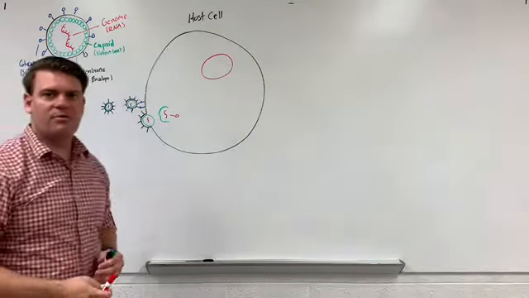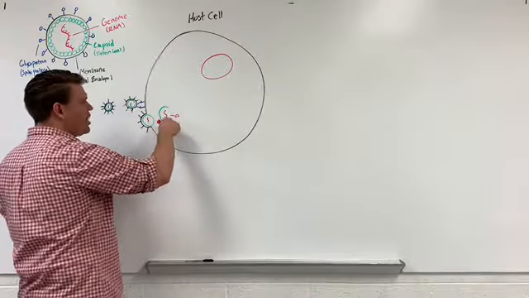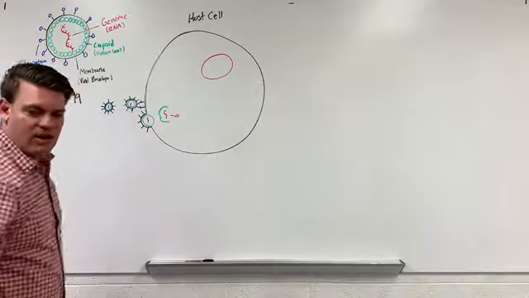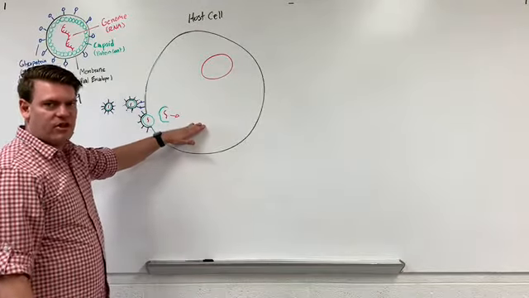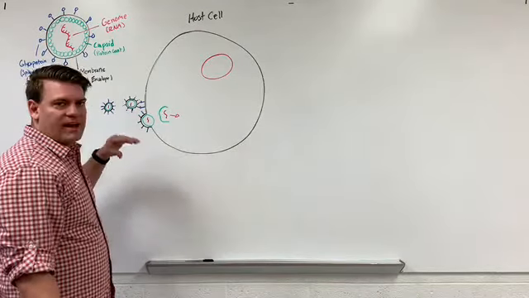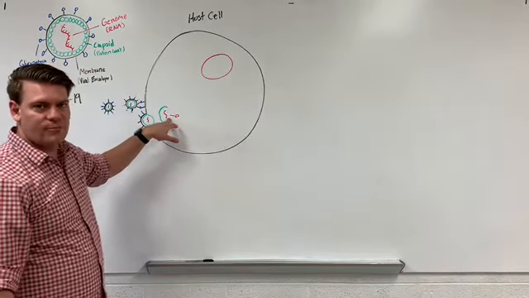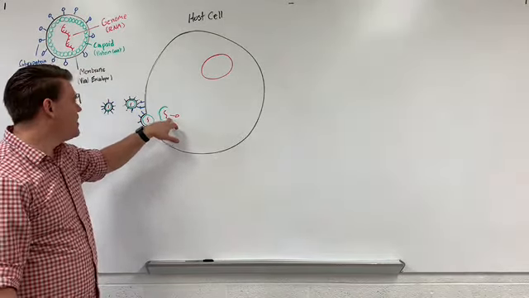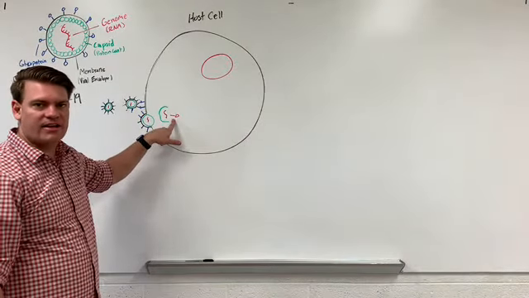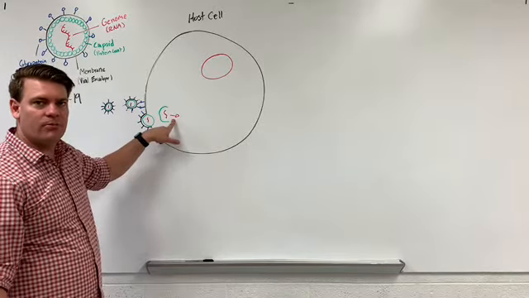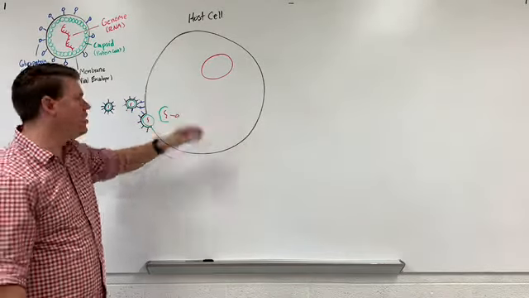Now remember, we talked about how there are specific enzymes that go around and try to chop up any type of this viral RNA, because they don't want it to overtake the host cell. But if those enzymes don't get to the viral RNA in time, then this viral RNA will start to hijack the ribosomes of the host cell.